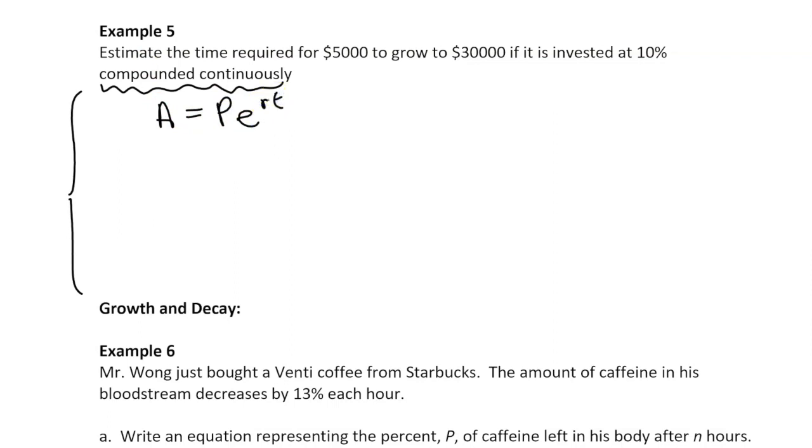You'd be given something like that for the question or on any sort of assessment, and they're saying $30,000 is your accumulated amount, and that happened when you began with $5,000, and it was e to the power of rt, and we want to find out the time. Given something like that, I would pause the video right now and see if you could isolate for t.